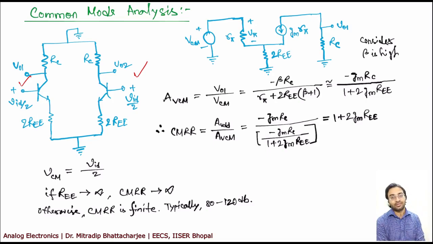We have already seen in the previous slides, I have shown this, that if you consider the current source to be ideal, then what is the shunting resistance associated with the current source? It's infinite. If it is infinite, your AVCM is equal to 0. However, it is not the case if your current source is not ideal. That analysis I have also performed later, just to show you that in practice you will probably get some finite value of gain for this kind of circuit.